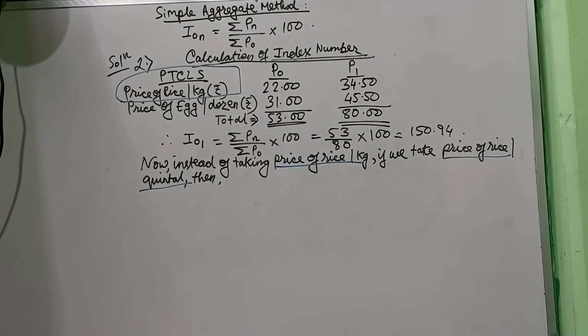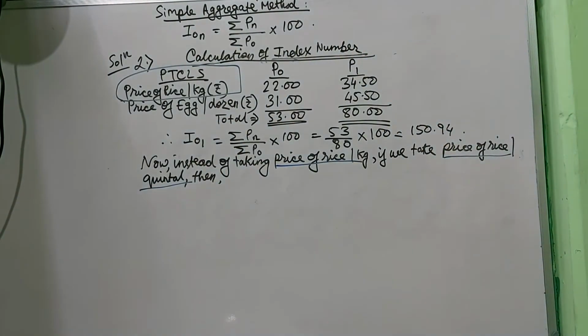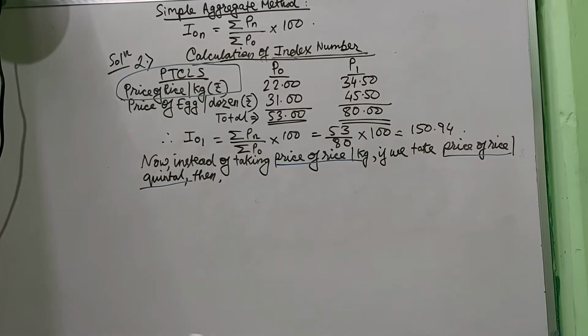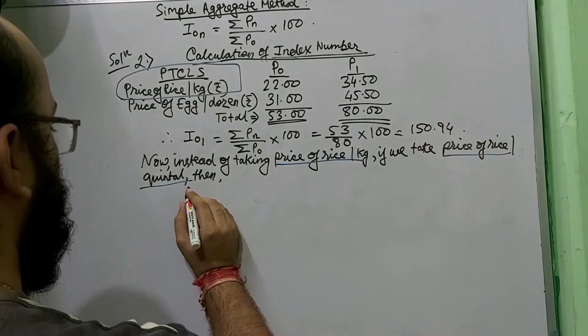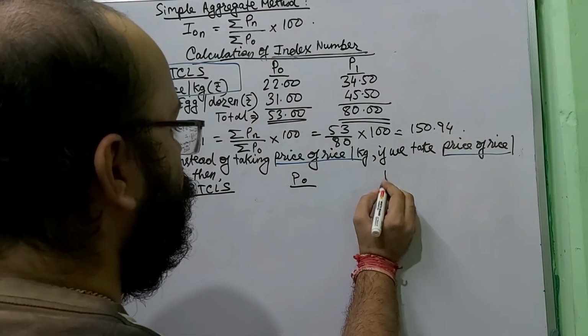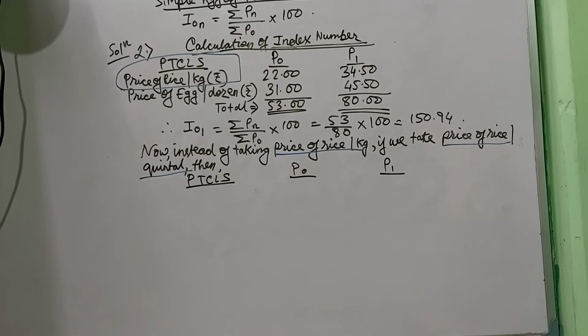The question asked only about the index, it has not asked to calculate price of rice per kg or per quintal. But take it as an example: if I take price of rice per quintal, will the simple aggregate price index change? Definitely it will change. Let's see.